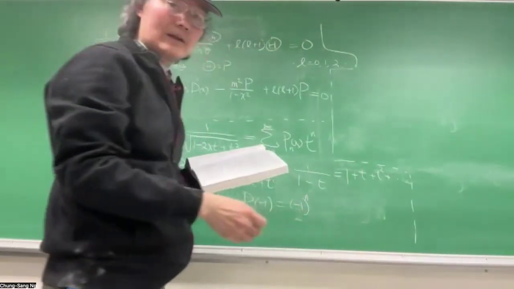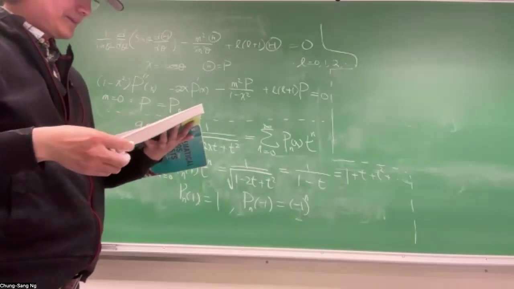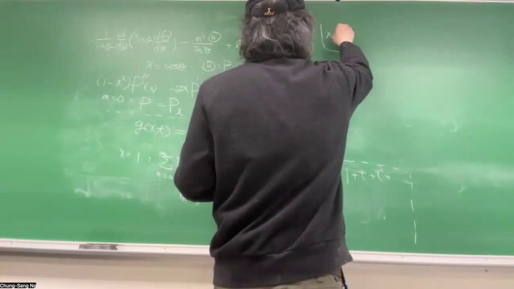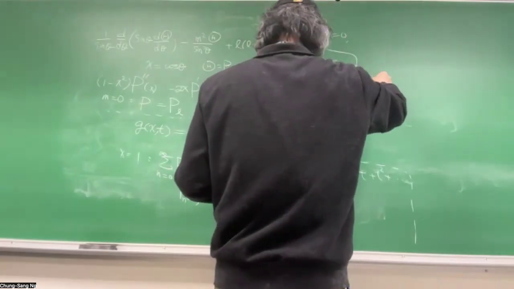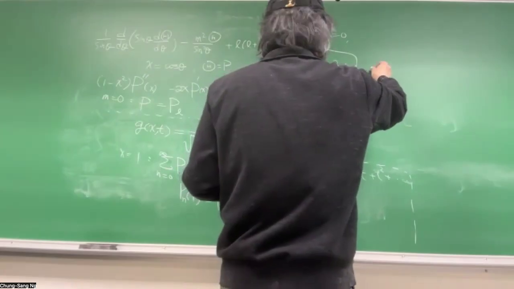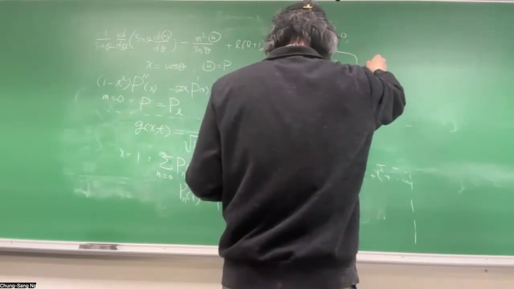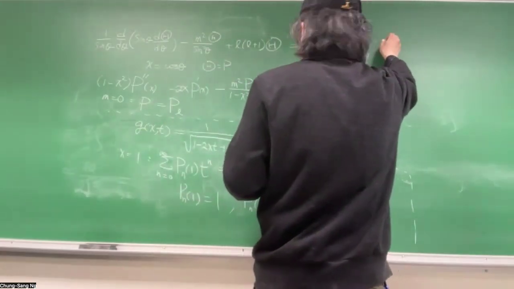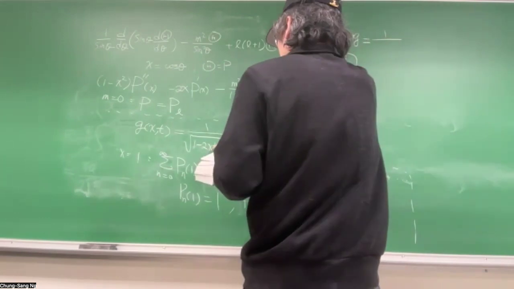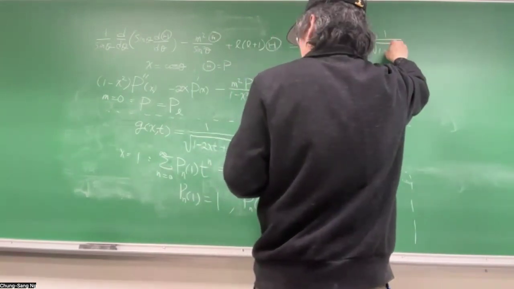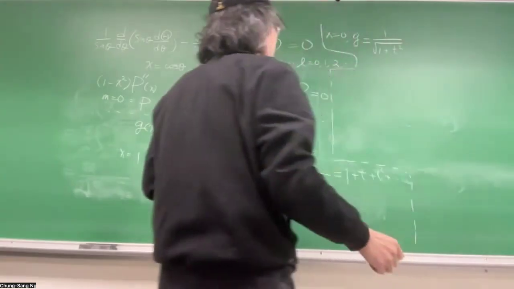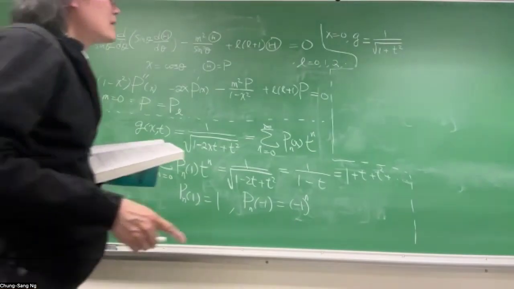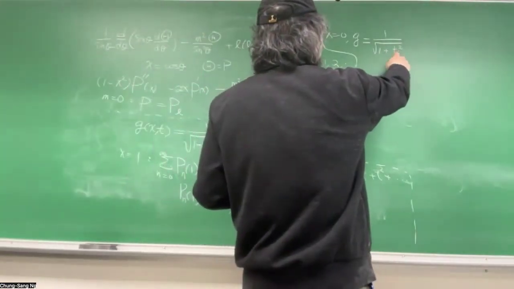So x equals 0, and g is equal to, this is 0, so it becomes the square root of 1 minus 1 plus t squared, right? And automatically you see that it's a power of t squared.